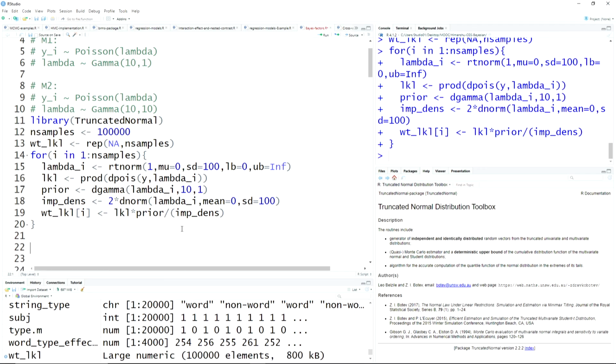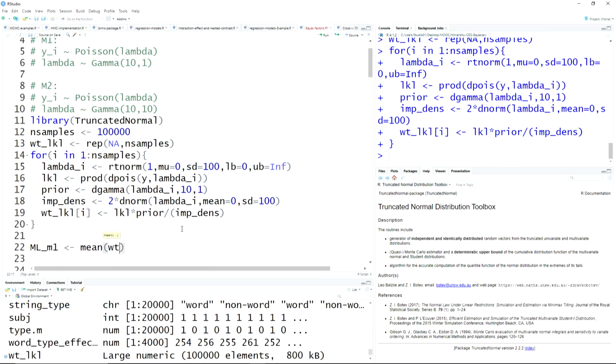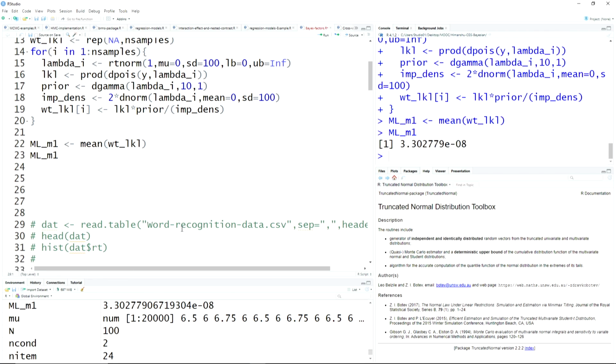So, marginal likelihood of model 1 is given by the mean of these weighted likelihood values. It is 3 into e to the power minus 8. Okay, it's a low value.